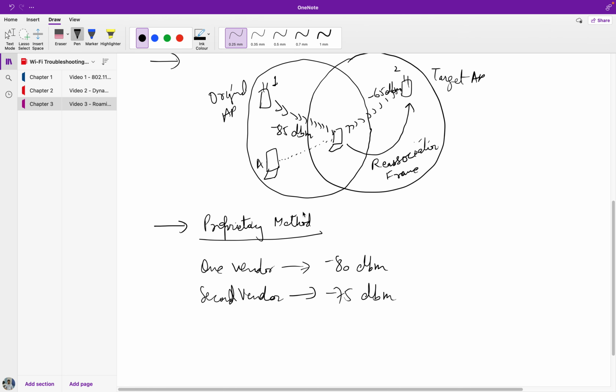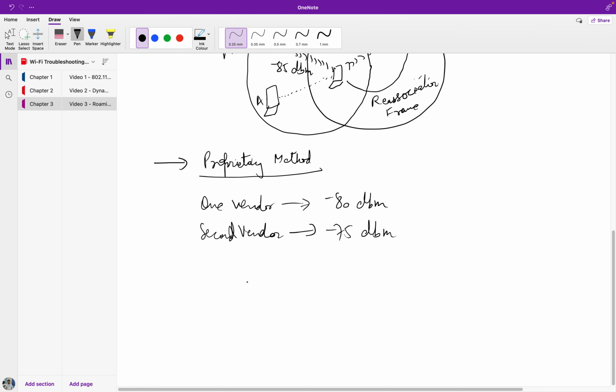They can select their own value, and each vendor's client card is pre-configured with this value. So it's known that different laptops of Apple can roam at X value, different laptops of Windows can roam at Y value, depending on what is set in the Wi-Fi card, right? That's also something very important we should know, because in a heterogeneous network where we have multiple different types of clients connected, you, as a network admin, will more or less see roaming issues happening, because some clients will roam sooner, and others will not.